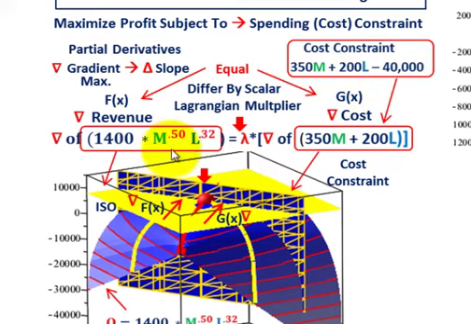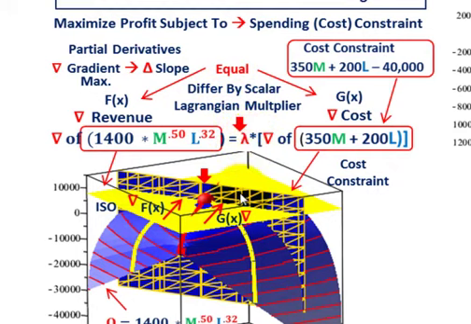So we've got our production function, our revenue portion, equal to the Lagrangian times the cost portion, and that would be the partial derivative or the gradient of each of those. The gradient, or the change in our revenue, equals the change in our cost, and they only differ by a scalar amount, this Lagrange multiplier.